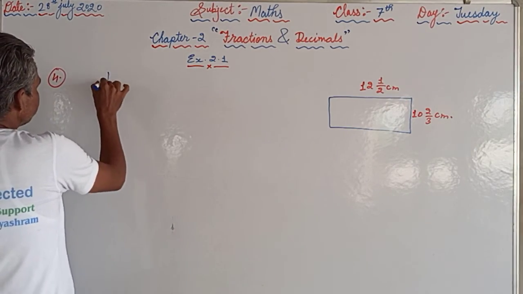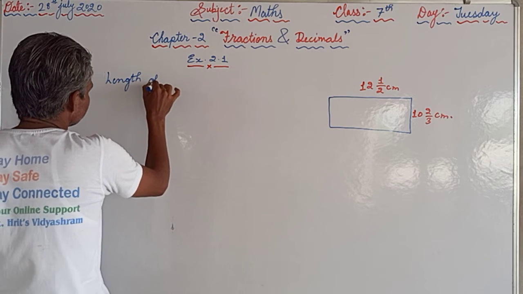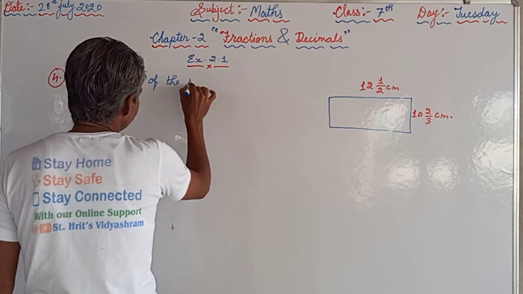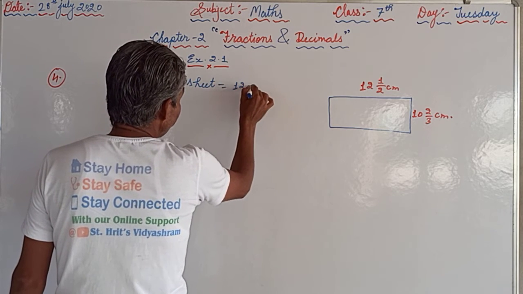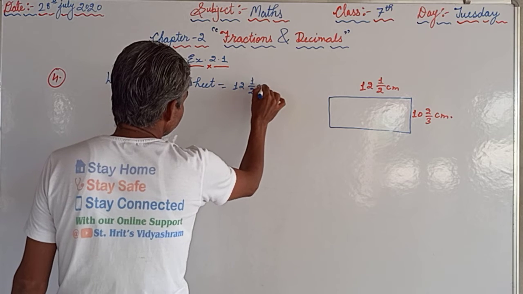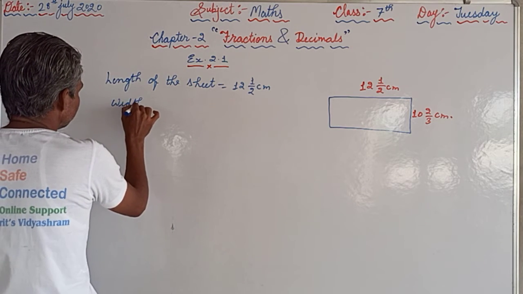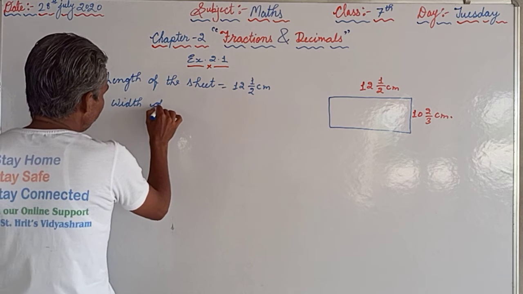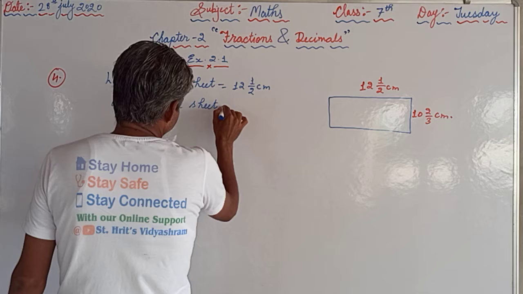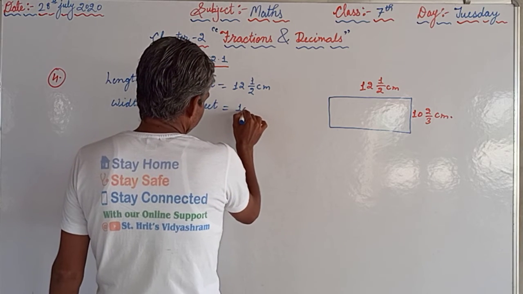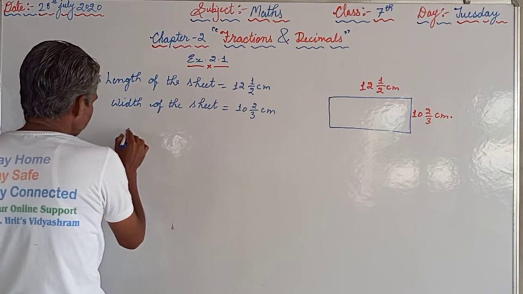So length of the sheet equals 12 and 1 by 2 centimeters. Width of the sheet is 10 and 2 by 3 centimeters.